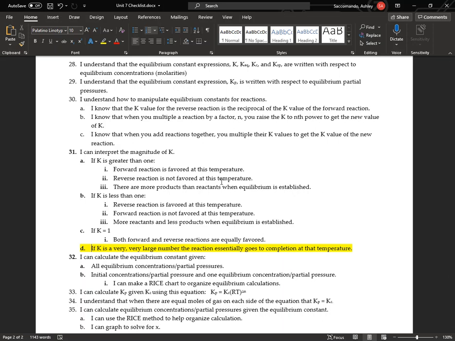So if they give you one and they say, looking at the extent of K, that it's very, very large, how do you treat that particular problem? What is the important trick about that?